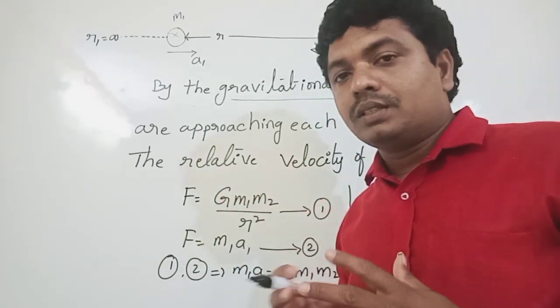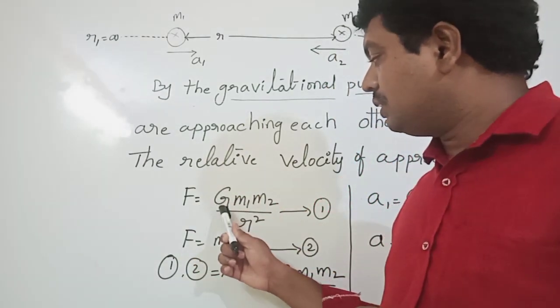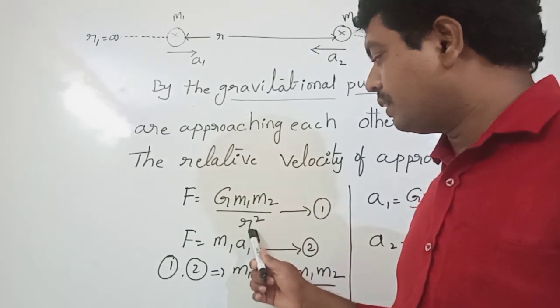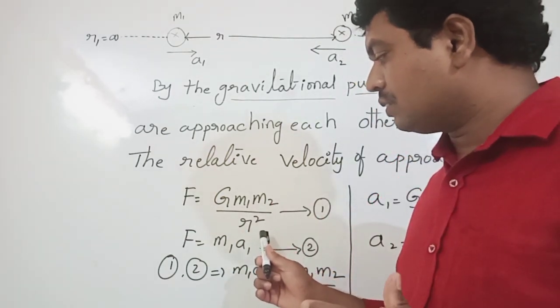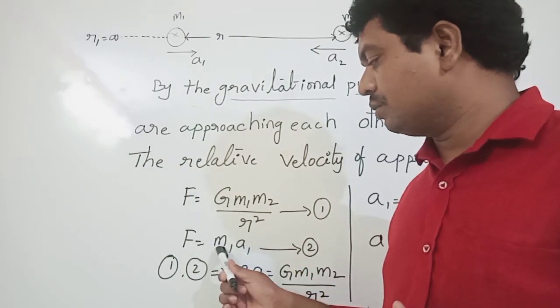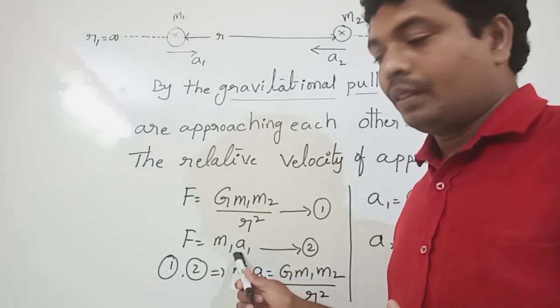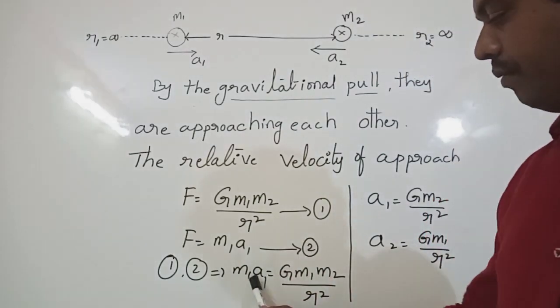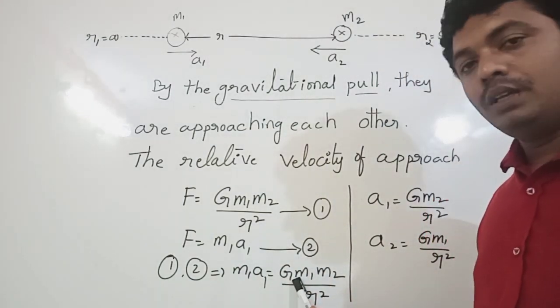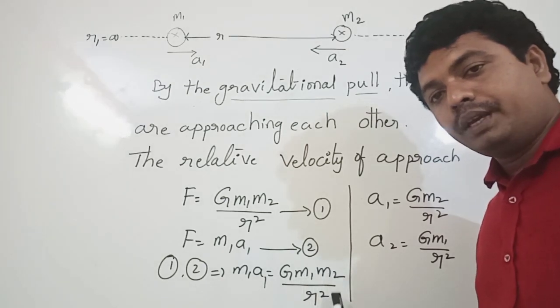In this system, F is equal to G m1 m2 divided by r square. But we know from Newton's second law that F is equal to m1 a1.